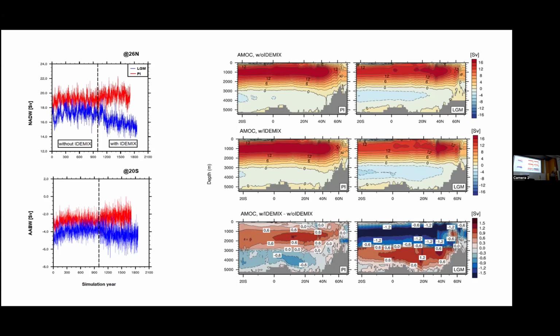Yes, it's a mystery. And that's where I need more feedback, because I need to look into more parameters. I need to do more analysis to understand, maybe there's a compensating mechanism that eliminates the actual impact of IDEMIX.